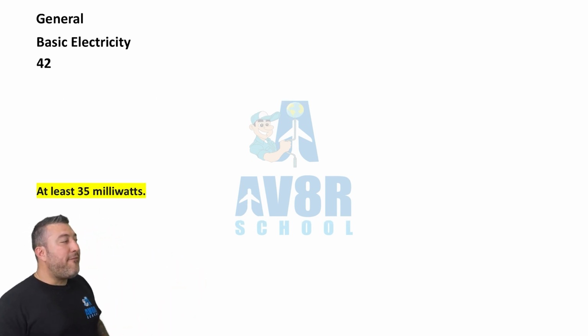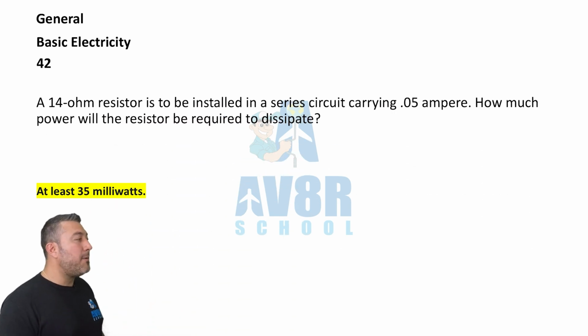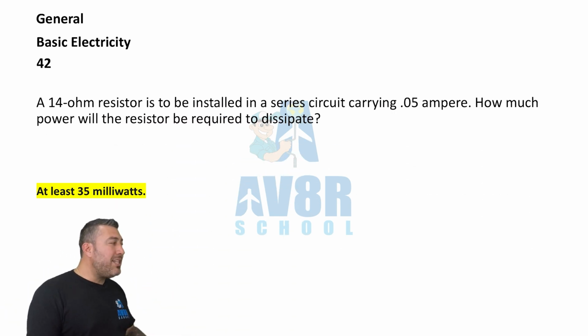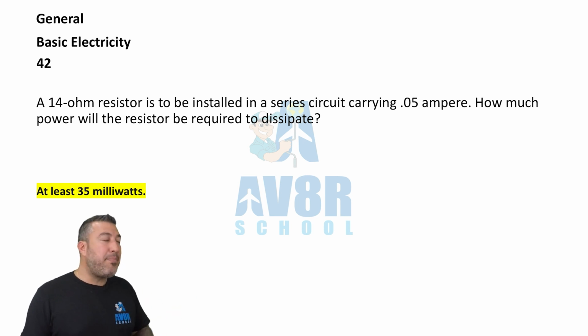Number 42. A 14 ohm resistor is to be installed in a series circuit carrying 0.5 amps. How much power will the resistor be required to dissipate?